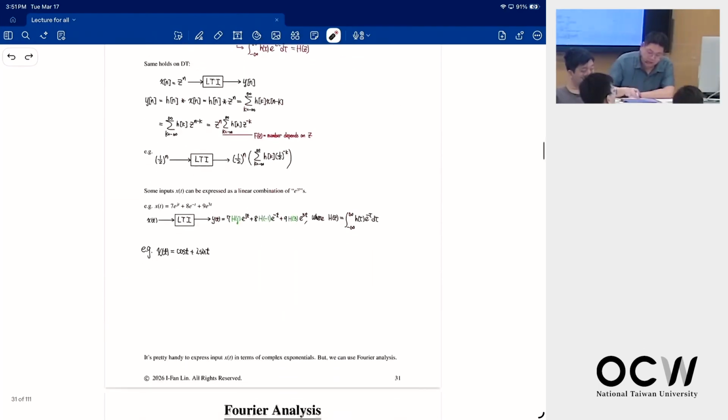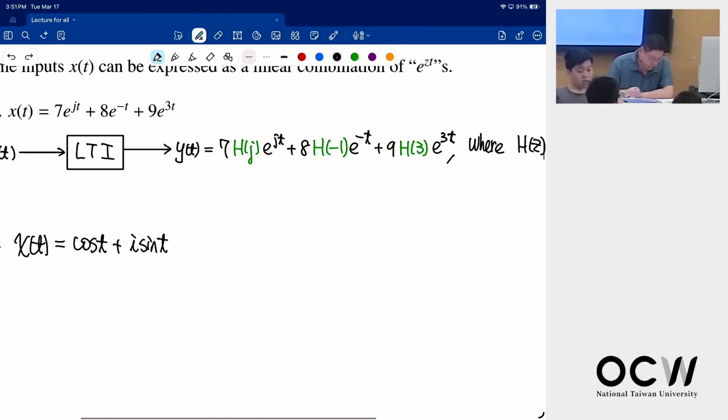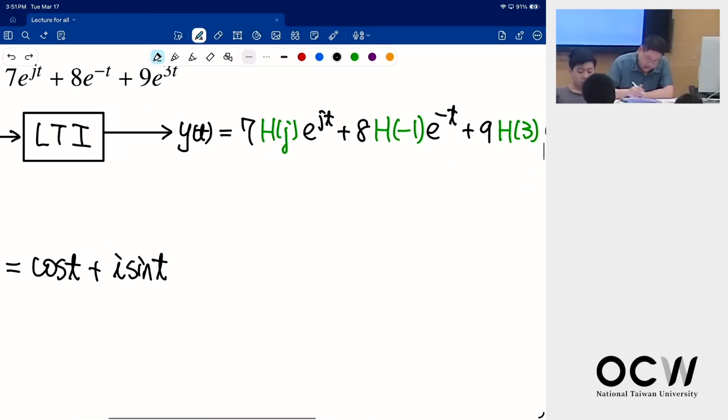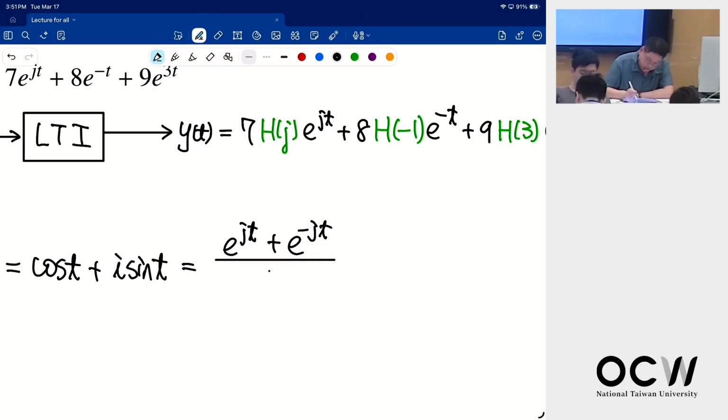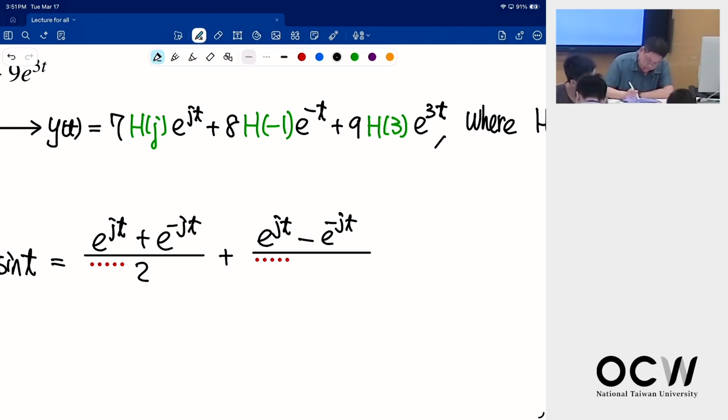So here we can rewrite the cosine and sine into the complex exponential form. That is e to the jt plus e to the minus jt divided by 2, plus e to the jt minus e to the minus jt divided by 2j, that's sine t.